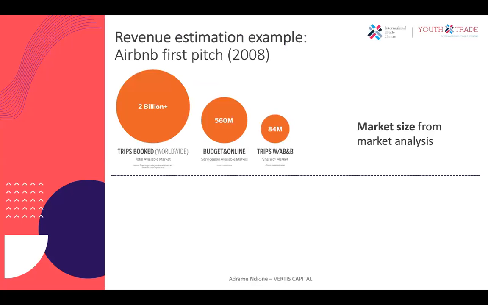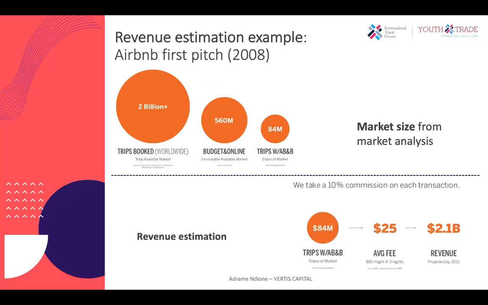I showed you this example last time, how Airbnb did the revenue forecast. They started with the market, and then here they say we have an 84 million addressable market, meaning these are the people we will be targeting, and then we can estimate that our revenue can go up to 2.1 billion, because if we have all these 84 million people on an average fee of $25, we'll have 2.1 billion.